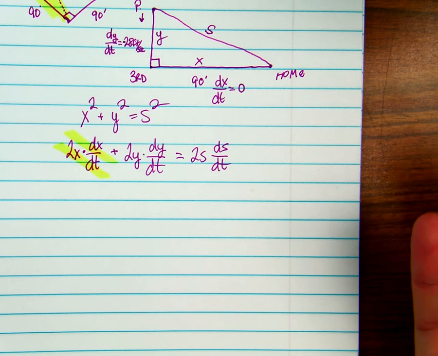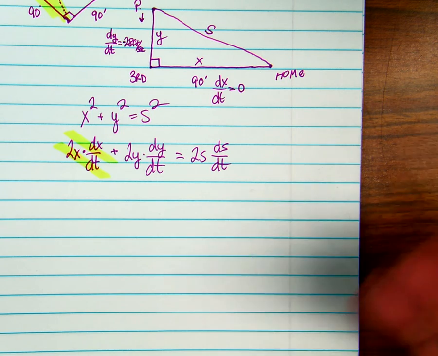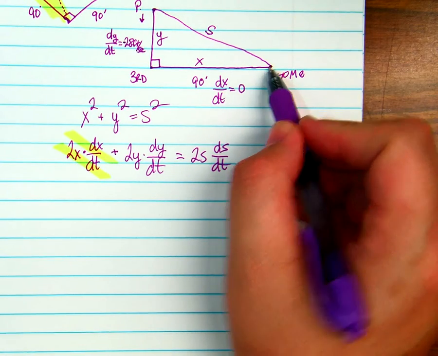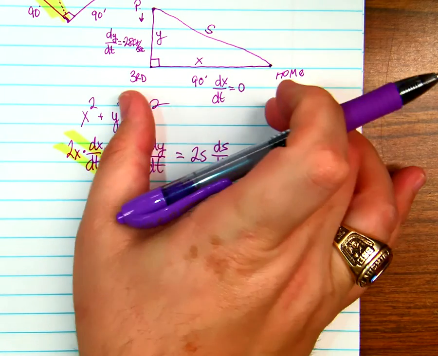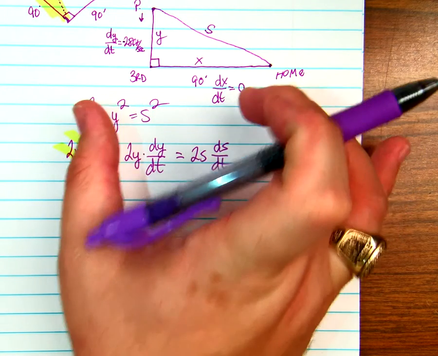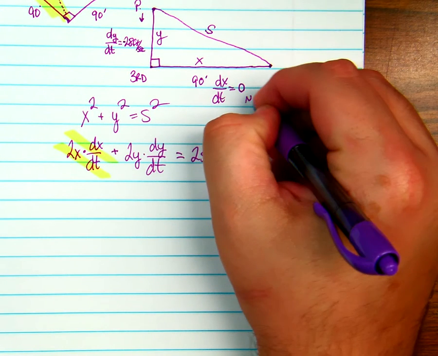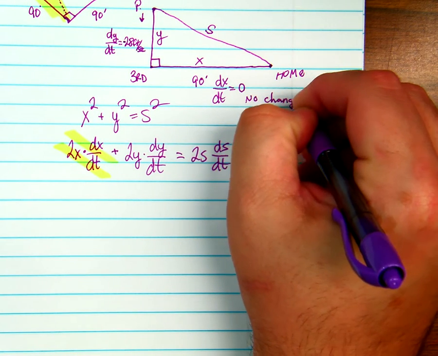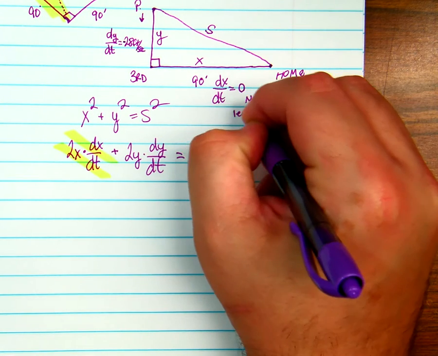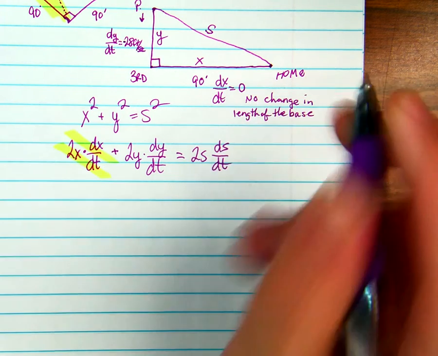You're still going to get the same answer. Because between home plate and third base, that's always going to be 90 feet. So there's no change in that x value, so there's no change in the length of the base path.